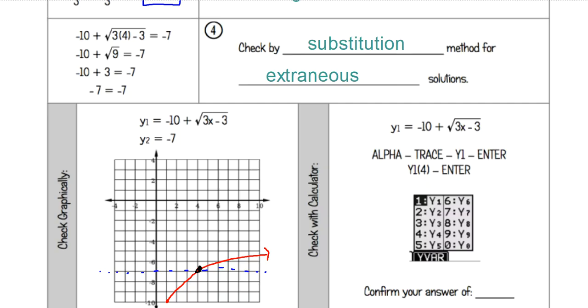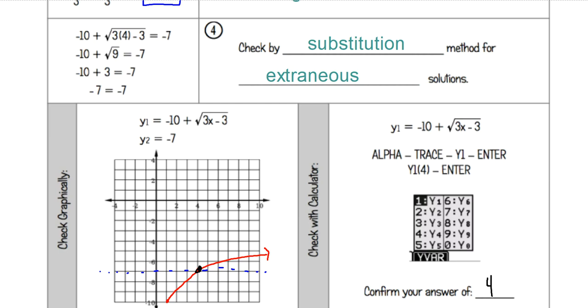You hit enter, and then you type in y1 of 4, and then enter again, and you will confirm that the answer was indeed 4. So different calculators have different methods to check that, but you can use your calculator, not just the graph part, but also the equation part in order to figure things out.